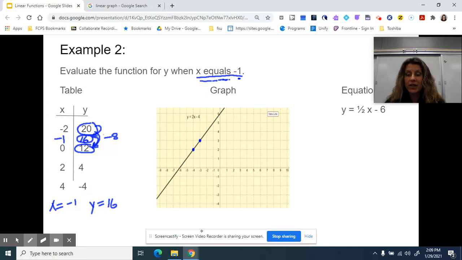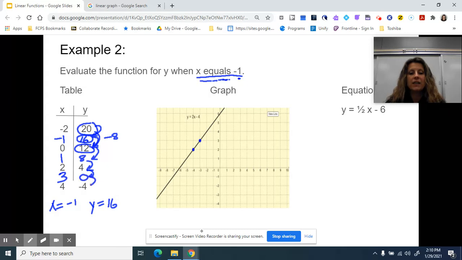That pattern should continue for the other values that are missing. So if I fill in those missing values of 1 and 3, let's see if that pattern of -4 is still working. 20 minus 4 gave us the 16. 16 minus 4 gave us the 12. 12 minus 4 would give us 8. 8 minus 4 does give us 4. 4 minus 4 would give me 0.